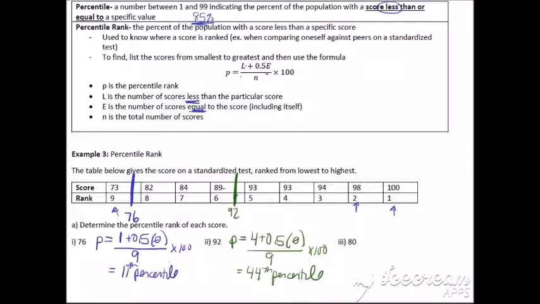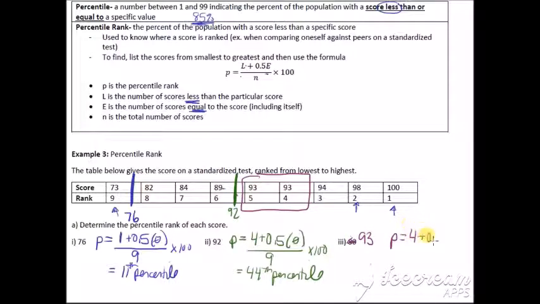Okay, and last one, I'm going to change this to 93 because I want to do one that has numbers equal to it. So see this 93? Okay, so how many marks are lower than 93? 1, 2, 3, 4.